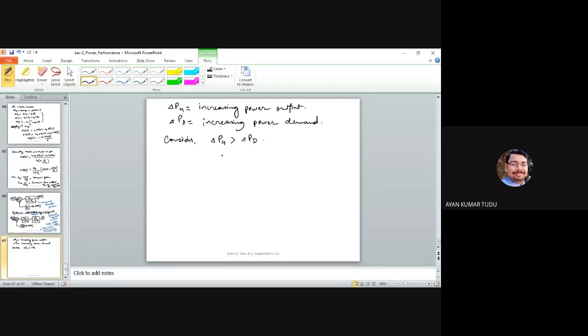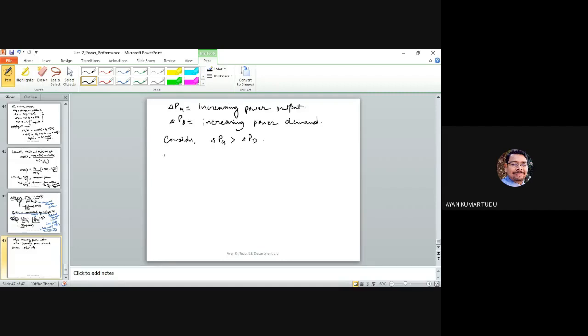What can we infer from this? If delta PG is greater than delta PD, then there is an increase in power output of the generator turbine system, which means there is an increase in frequency.